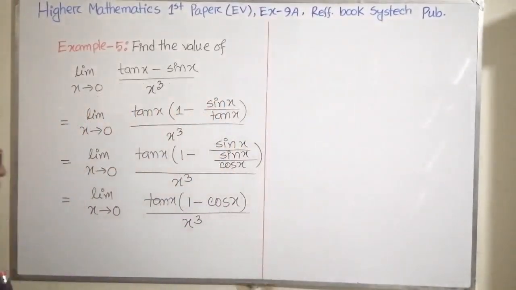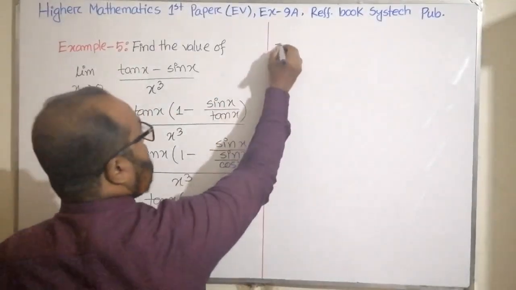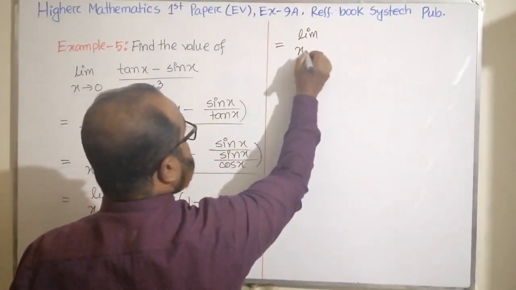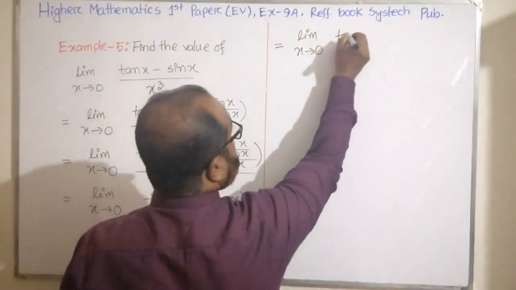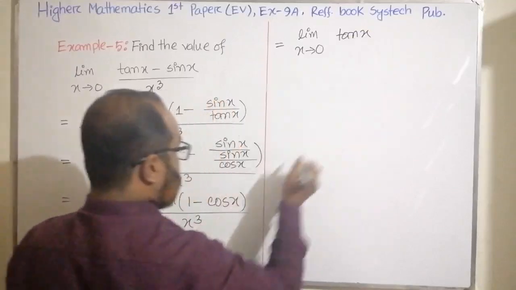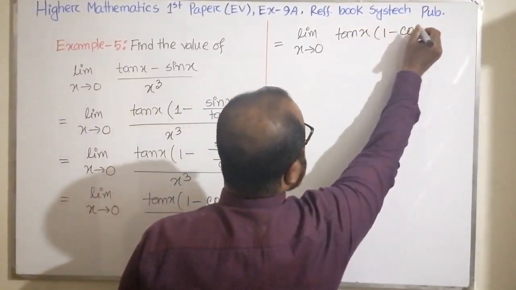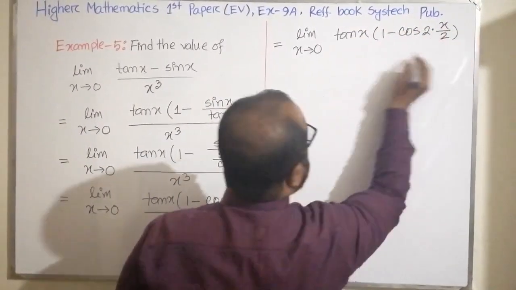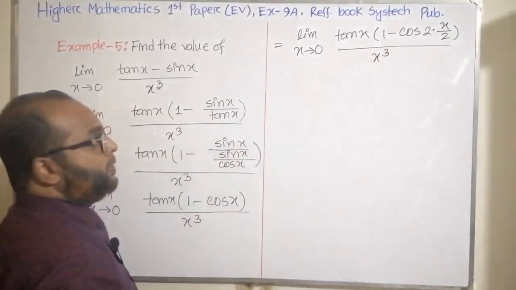Now here we can give the formula: limit x tends to 0 tan x into, here we can write 1 minus cos 2 into x by 2 divided by x cube.